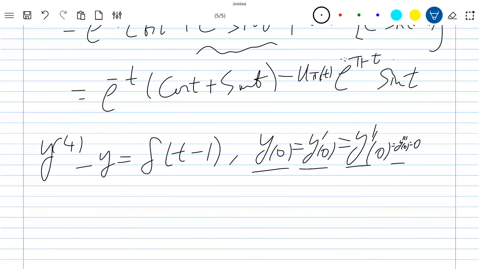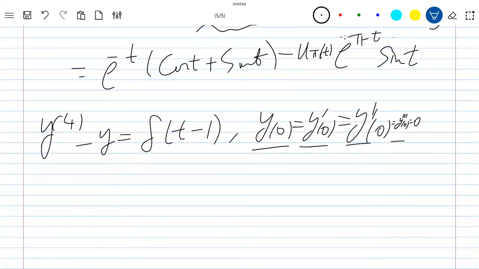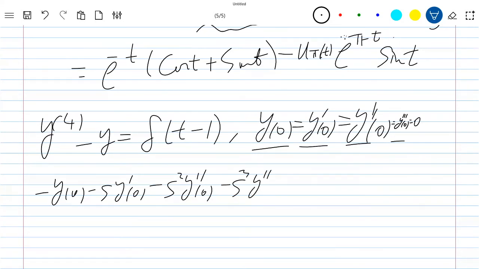Okay, we didn't do anything as high as third order before. Now we go to fourth order. How do we do that? Well, for Laplace transform, you don't need to worry much, because it's very similar. If you do the transform, you get negative y(0), then s y prime of 0, s squared y double prime of 0, s cubed y triple prime of 0, plus s to the fourth y, then minus y equals the right hand side, which is negative s, not pi, just negative s, because t equals 1.